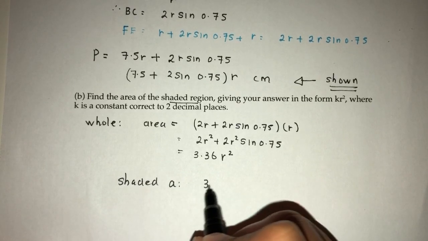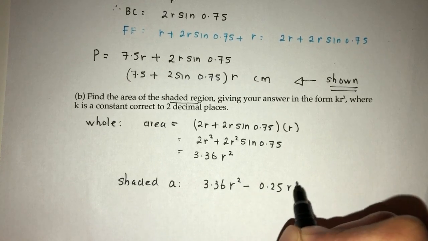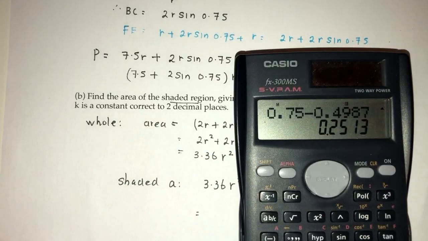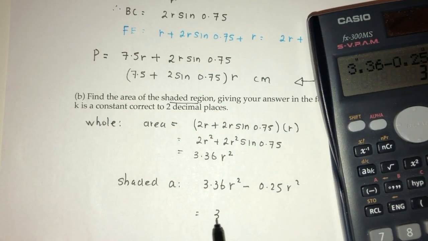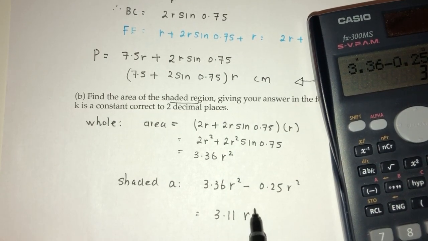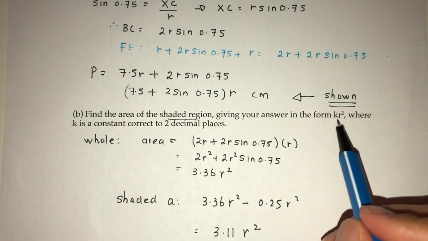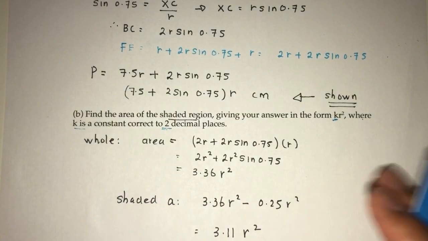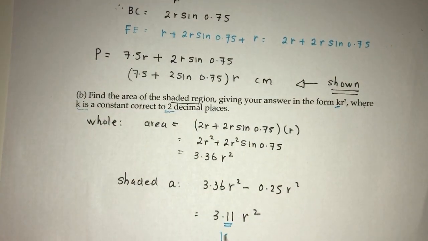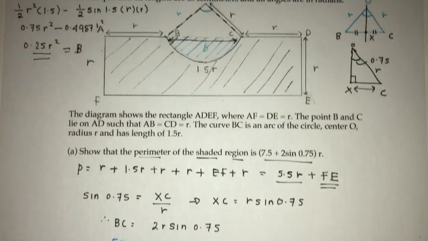It will be everything minus 0.25 r square. That will be 3.11 r square. And as you can see here, it says the value of k is a constant correct to 2 decimal places. So here we have 2 decimal places. That will be your value of k, and it is r square. R square is right here, and that will be your question number 11.